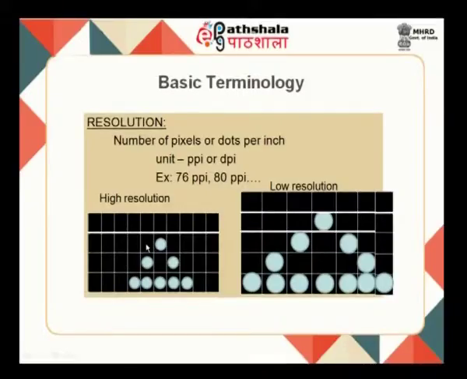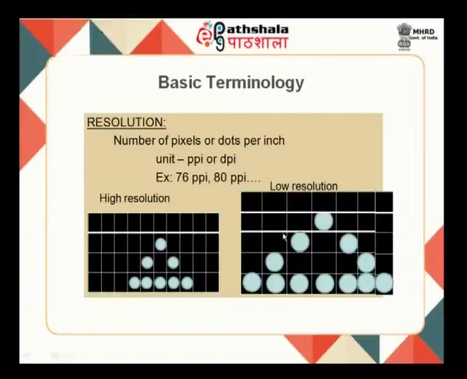As you can see here, a high resolution display has many pixels packed within an inch of space, while a low resolution display device has few pixels packed within an inch of space. That means we can pack more information in a high resolution display, but we cannot pack more information within the same inch of space in a low resolution display.